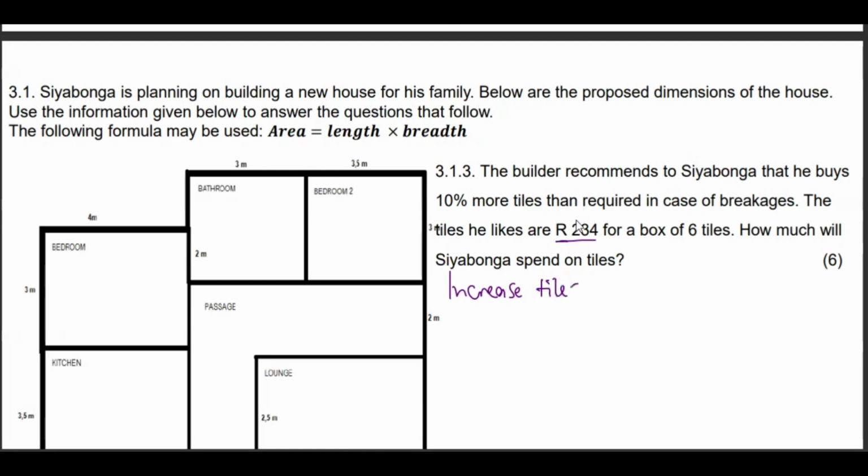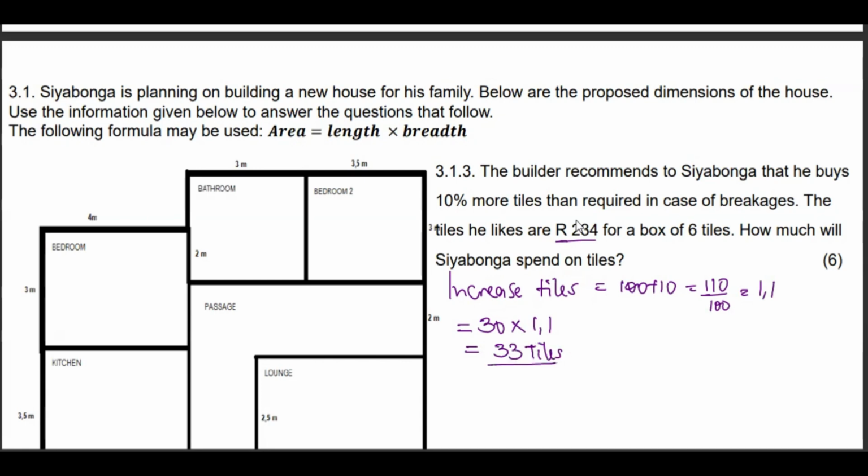Increase their number, which becomes 100 plus 10. I get 110, but these are percentages, so it becomes 1.1. So the 30 tiles that I had, I multiply by 1.1. Why? Because I'm increasing. I end up having 33 tiles.